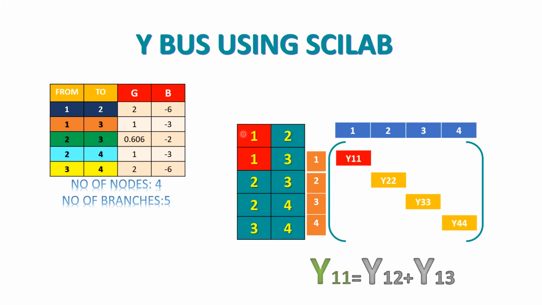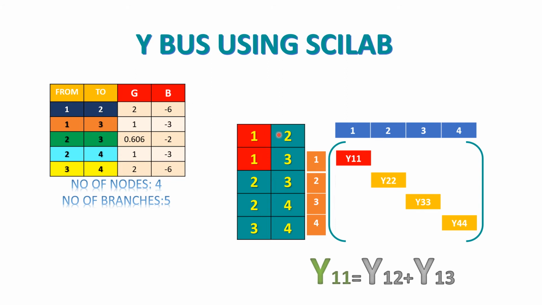Now to fill the diagonal elements, as we know from the formula discussed earlier, if you want to find Y11, how do you identify how many elements are connected to this first node? See here, 1 appears in this entire table of 2 columns 2 times.